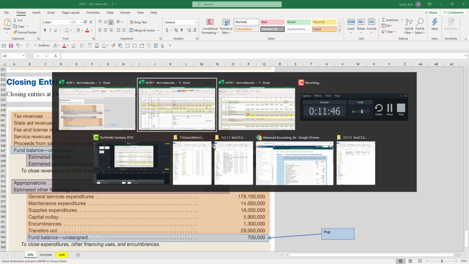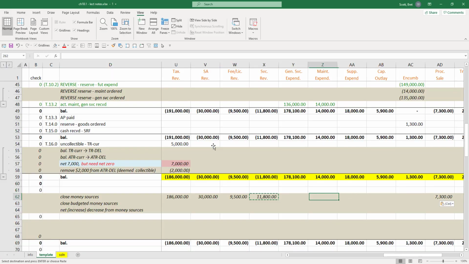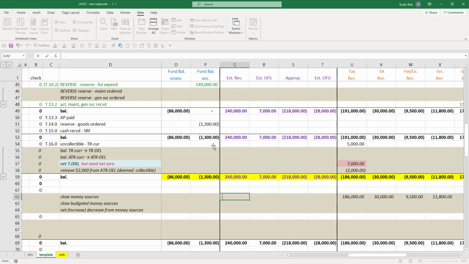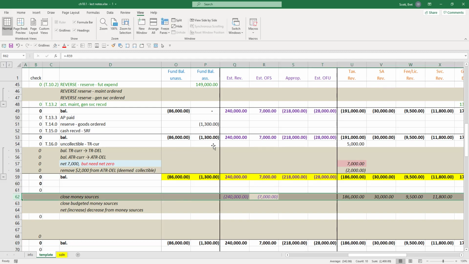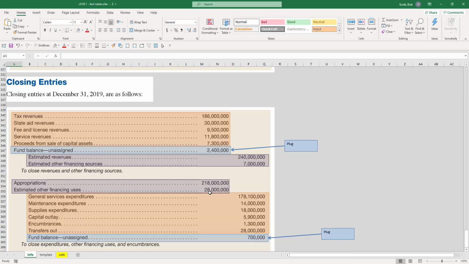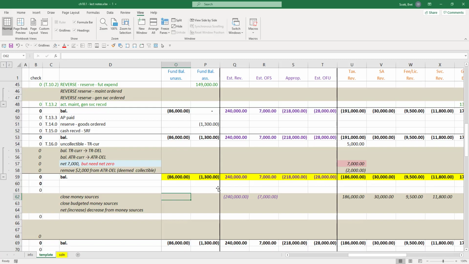For right now, let's go back to this and continue on. We need to get rid of this 2.4. We need to get rid of this 7. And when we net those across, we're credit heavy by 2.4 million down here. So we're going to use the unassigned fund balance. That fund balance unassigned, like I told you before, is kind of like our retained earnings.